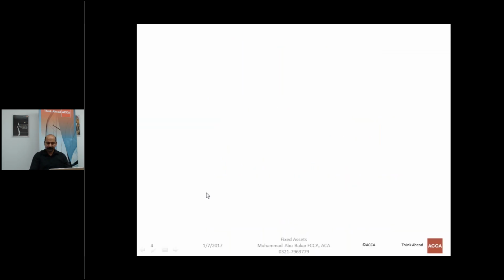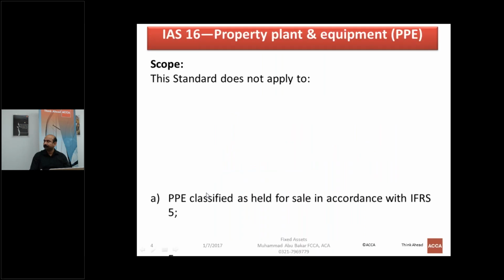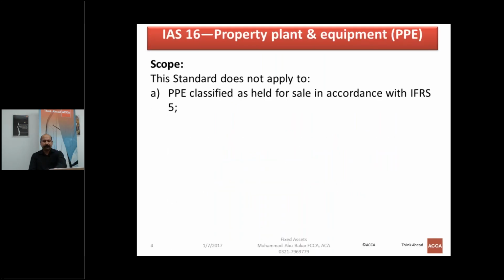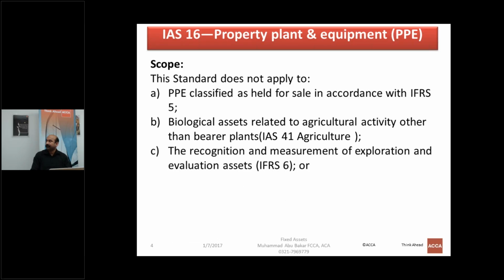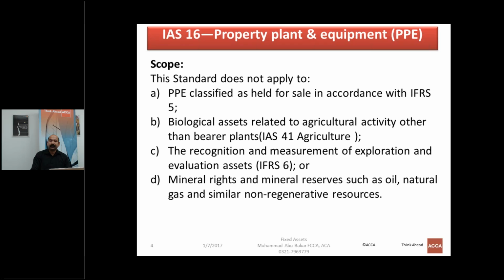Scope is very straightforward. This standard does not apply to property, plant and equipment classified as held for sale in accordance with IFRS 5, biological assets related to agricultural activity other than bearer plants, then the recognition and measurement of exploration and evaluation assets, which is dealt with in IFRS 6, or mineral rights and mineral reserves such as oil, natural gas, and similar non-regenerative resources.